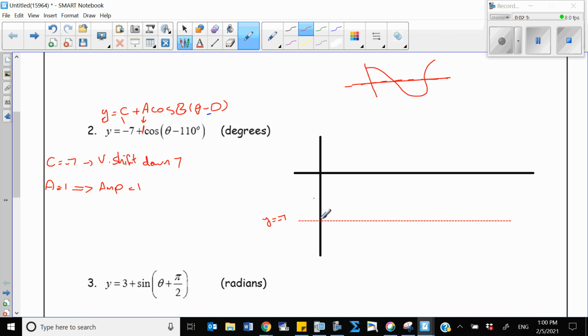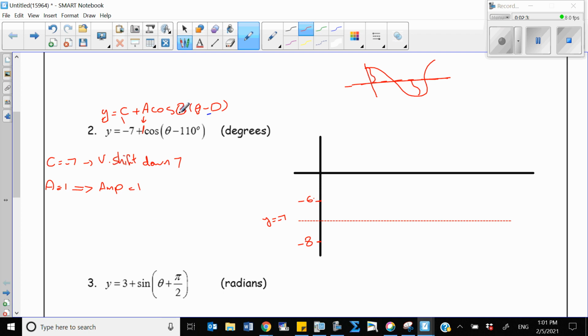So from the sinusoidal axis, I go one to the top, which is at -6, and one to the bottom at -8, to find my highest and lowest points, because we know that amplitude is the distance from the highest to the middle line or the lowest to the middle line. So I got my highest and lowest points.